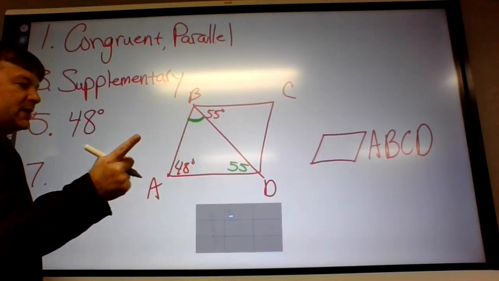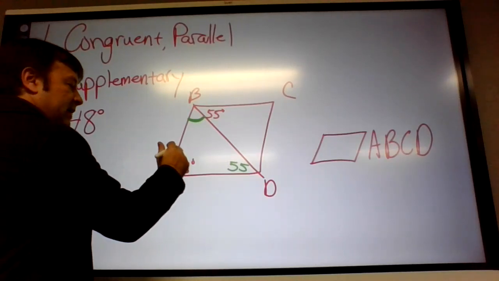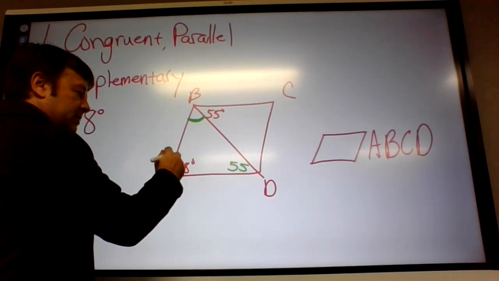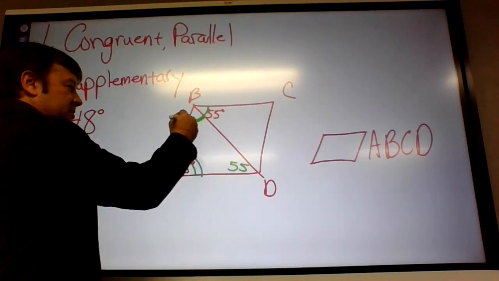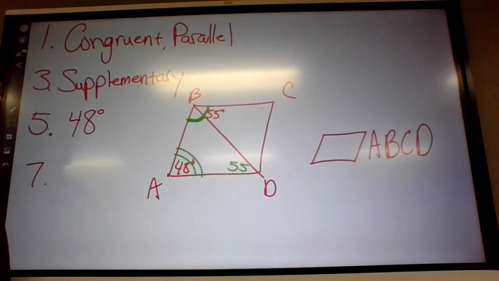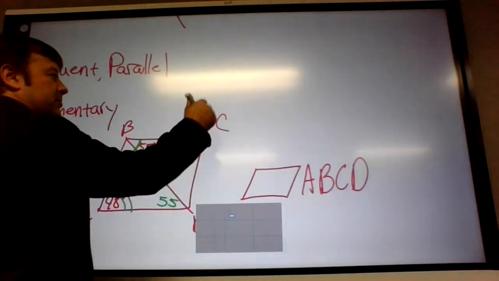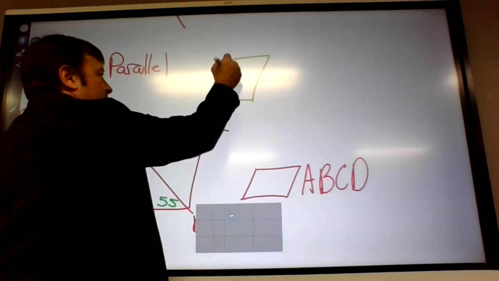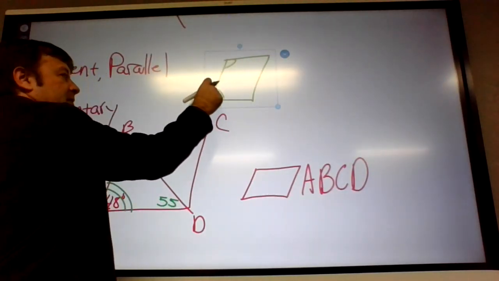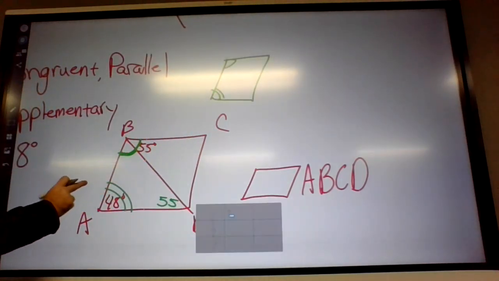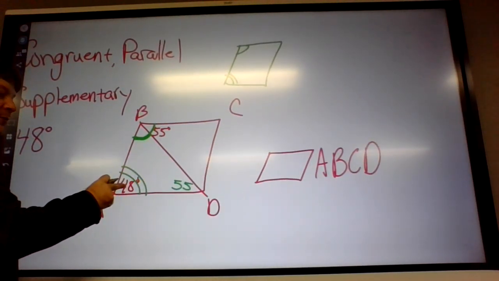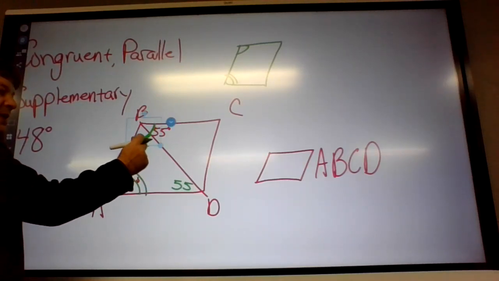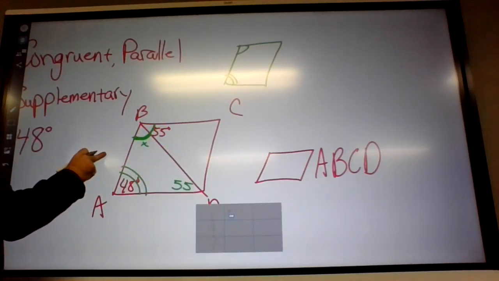Here's another way to do it. I think this is the simplest, maybe. What do I know about this angle with this angle? I'll redraw it. What do I know about this angle and this angle? They add up to 180. That's one point, because of the supplementary thing. Consecutive angles are supplementary. So 48 plus x plus 55 should equal 180.